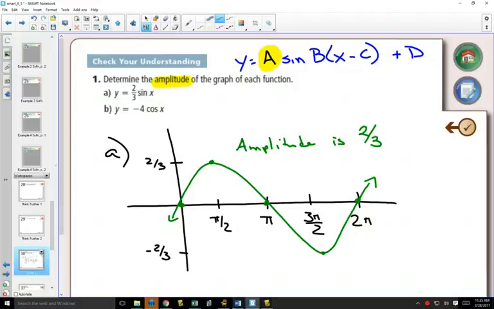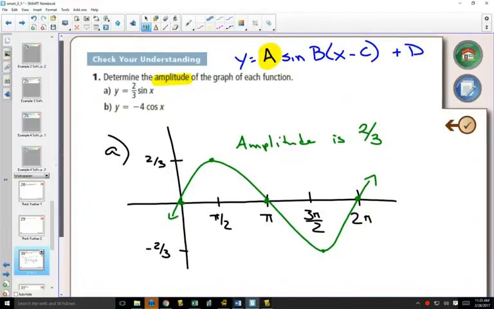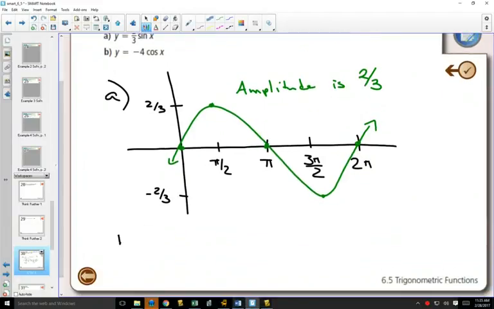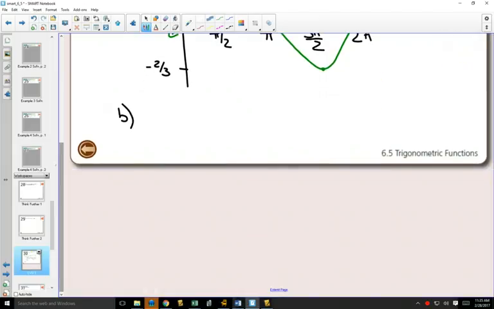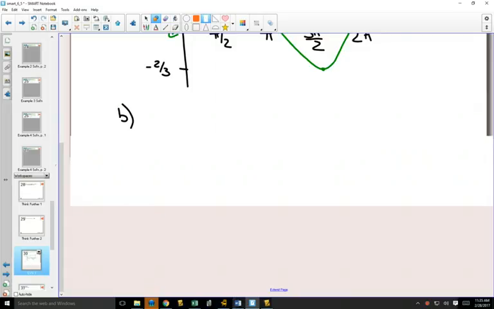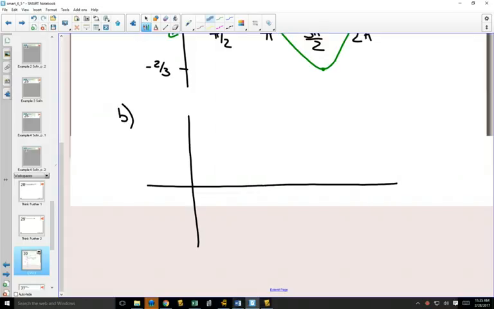For part B, cos of -4x, again, we'll mark 2 pi, split it into 4 equal sections.